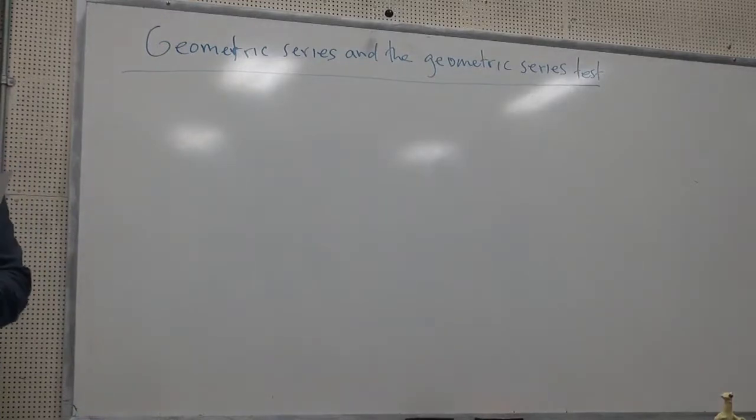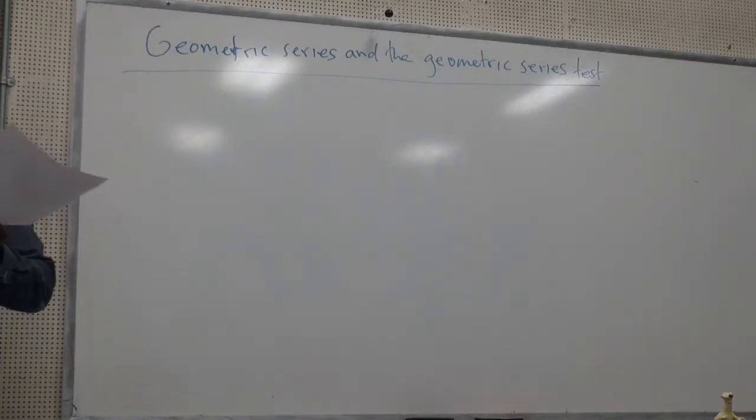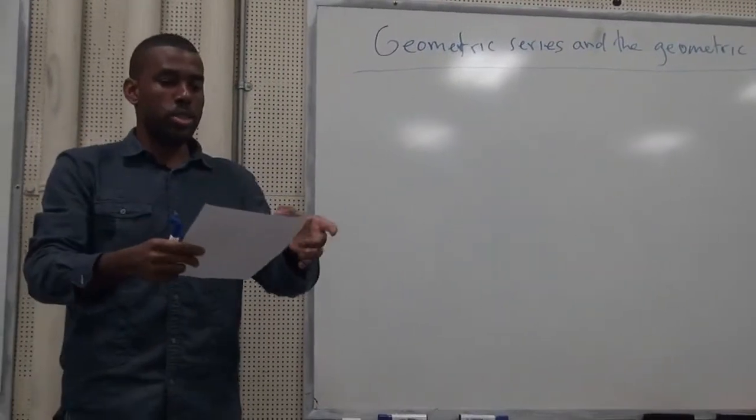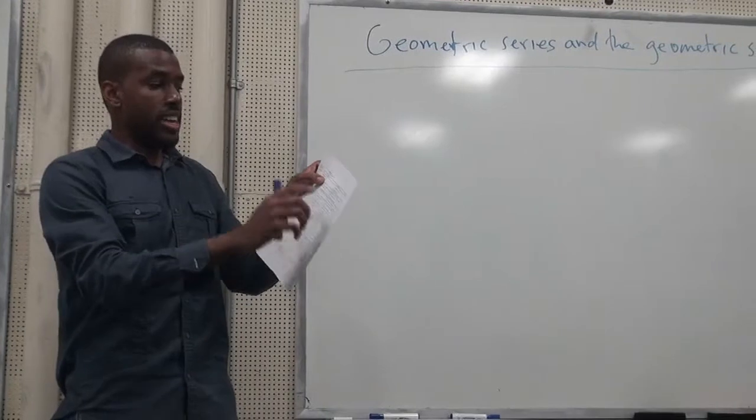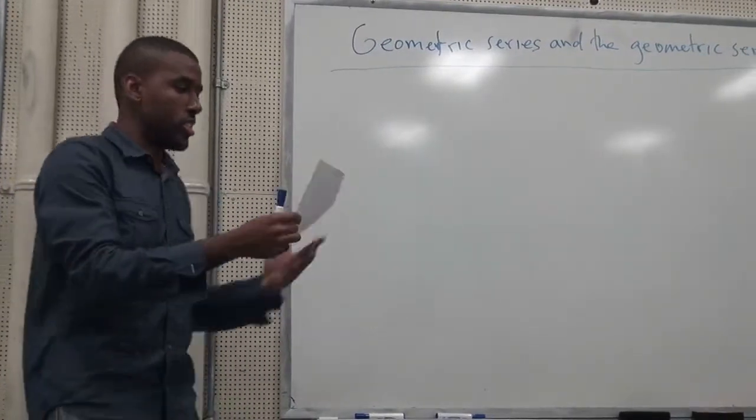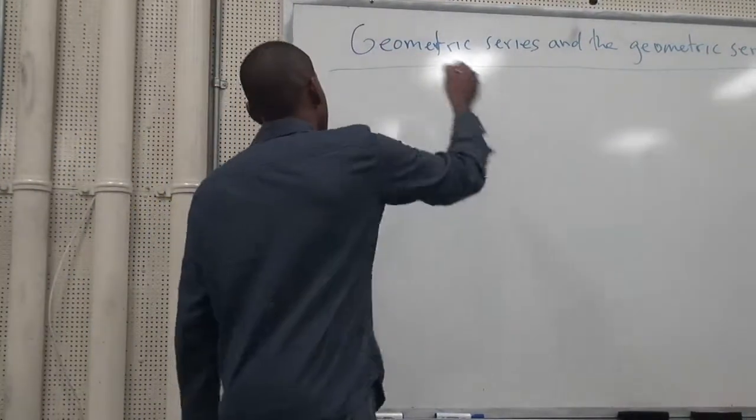So as you can see in our table, it tells you there's a "when to use" column, right? So you can look at that column, and it will tell you an example of when you'd want to use this test, right? And it says anytime you have a series that looks like this, you can use this test.